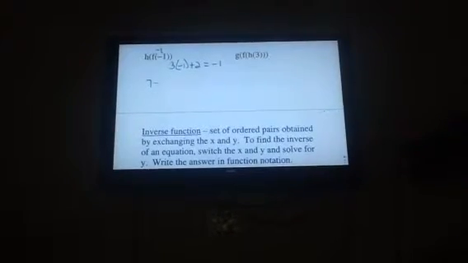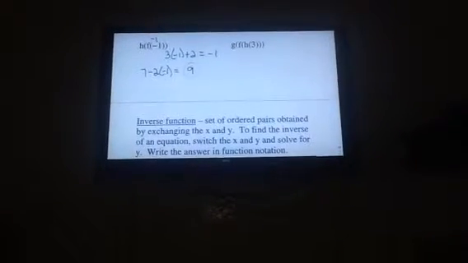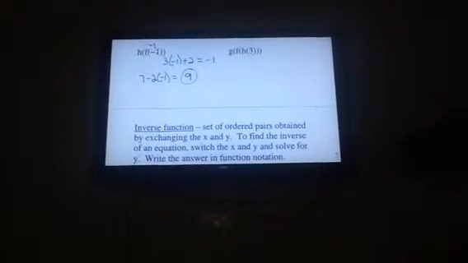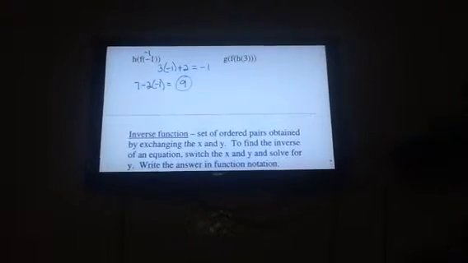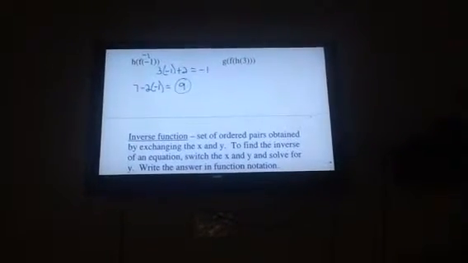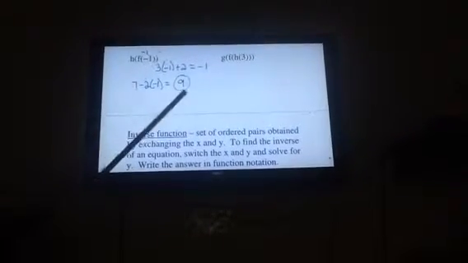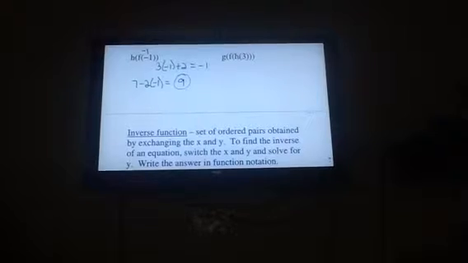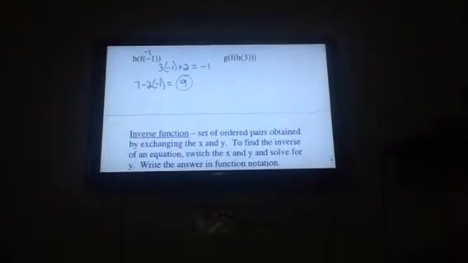So 7 minus 2 times negative 1. So 7 plus 2, or 9. And again, if you're doing this in your head, I would at least write this number down, and then that number. Okay, so I can see what you plugged in, so if you miss it, I don't have to take all the credit off there, okay?